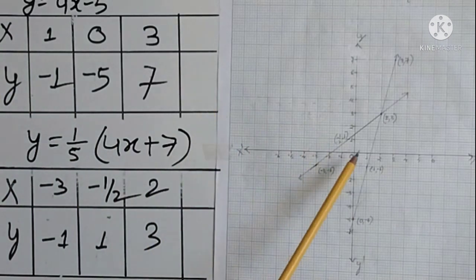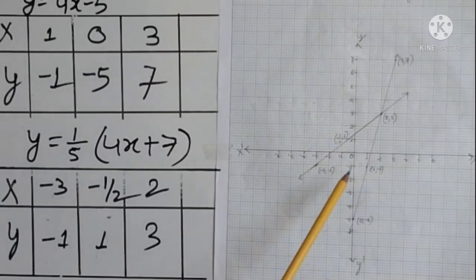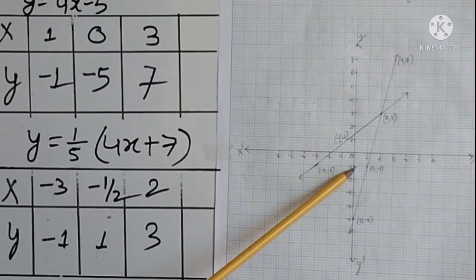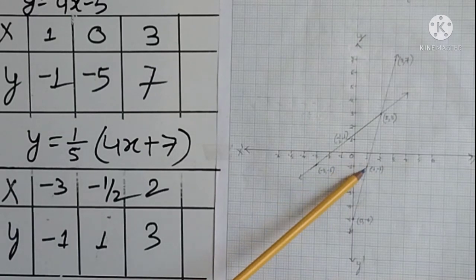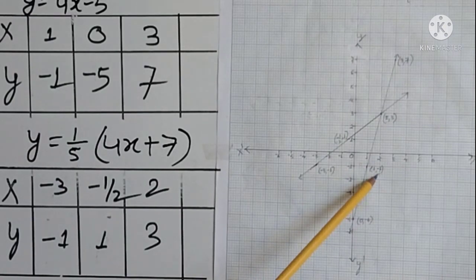So from here, this is the 1. When x is 1, your y is minus 1. So from here you will come over here, and from x is 1 from here. So two lines meet over here.